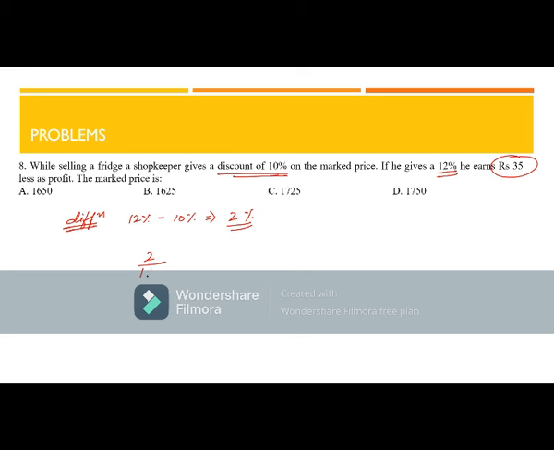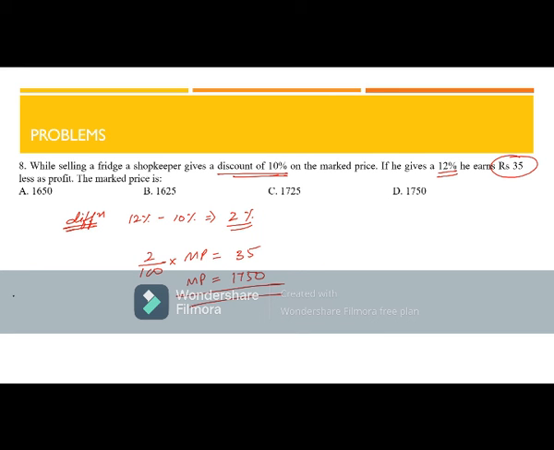So we know that the 2% of marked price equal to 35 rupees, because difference in the discount is 2% and difference in the profit is 35 rupees. So market price is equal to 35 by 2, that is 17.5, into 100, that is 1750.